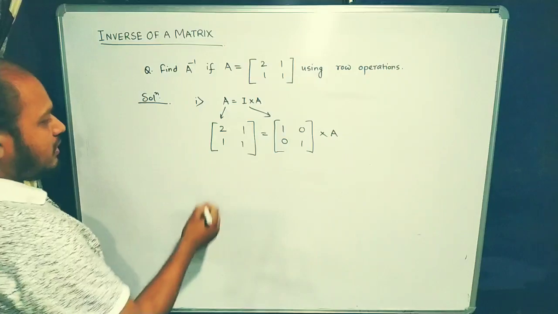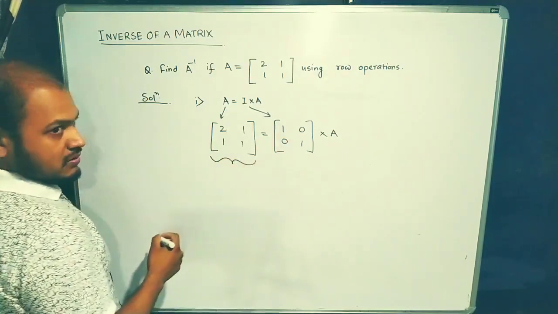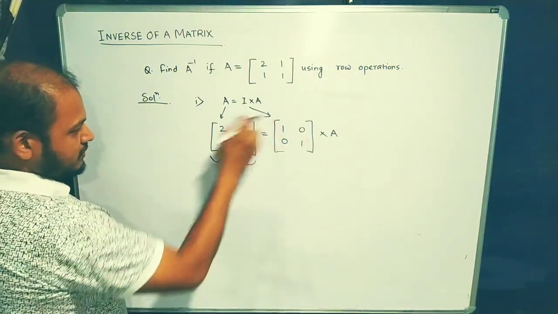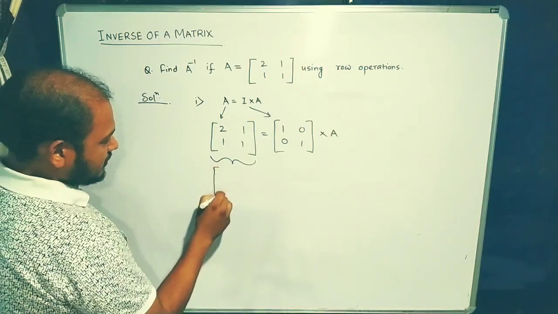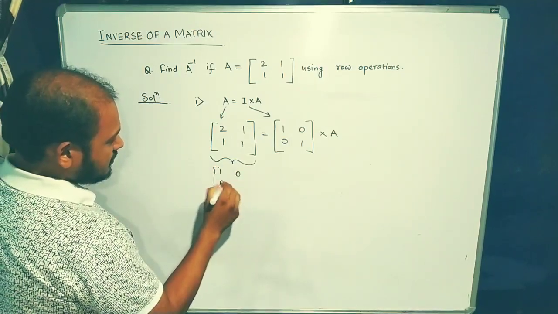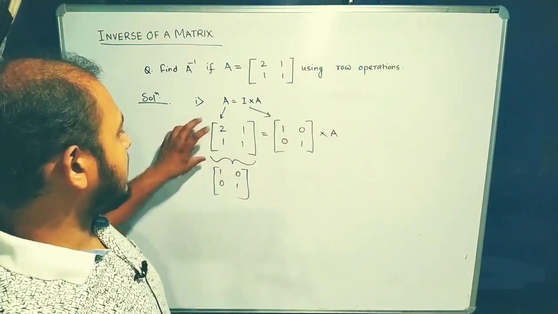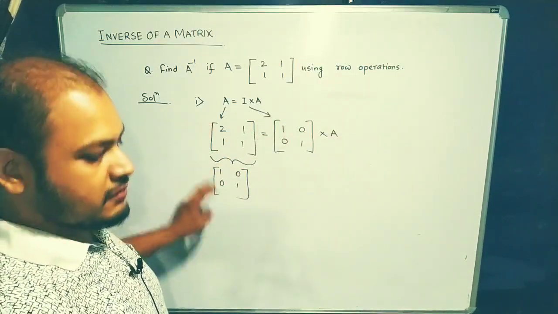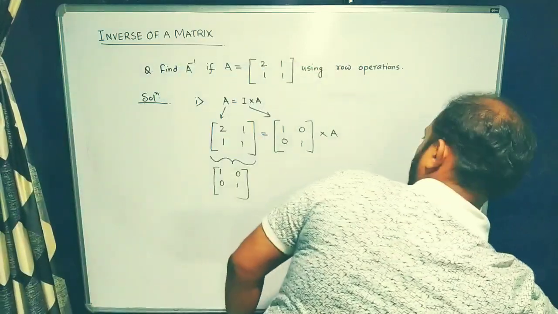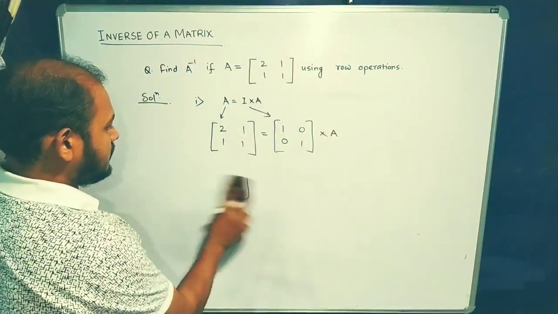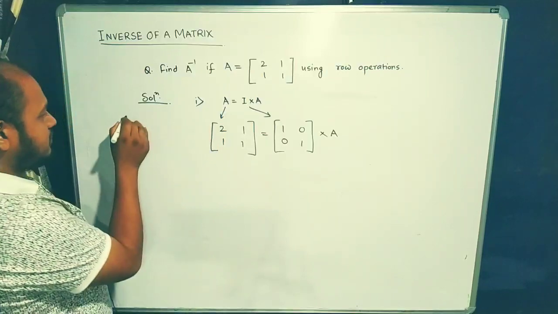Now what is our aim here? Our aim is that we have to make the left hand side of this matrix equation equal to identity matrix, just like this, by using row operations. So using row operations, try to make the left hand side equal to this matrix. Okay, so what should we do first? That means we should achieve this matrix here.